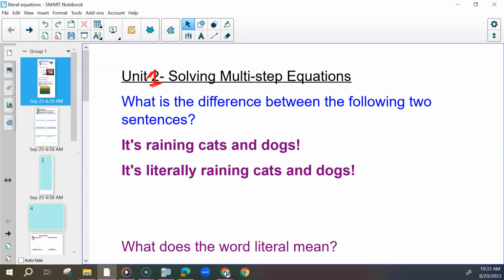Anyone have an idea? What is the difference between these two sentences? Anyone heard that expression before? It's raining cats and dogs or something. What would I be referencing? What would I be talking about?